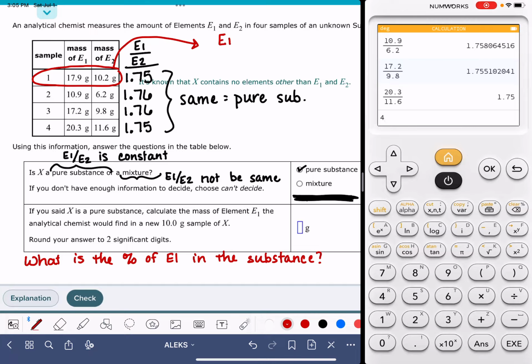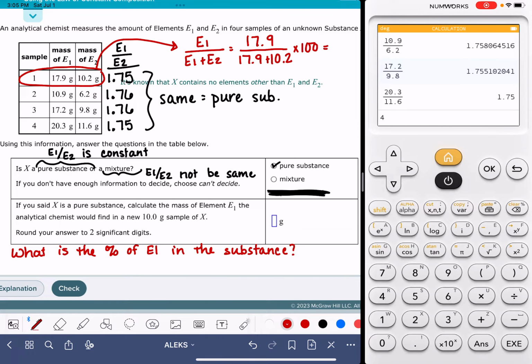I'm going to take the mass of E1 and divide it by the total mass of sample number 1, which is E1 plus E2. So the mass of E1, which is 17.9, divided by the total mass, 17.9 plus 10.2. If we really want to turn this into a percent, we multiply it by 100. That's going to give it to us in a percent format.